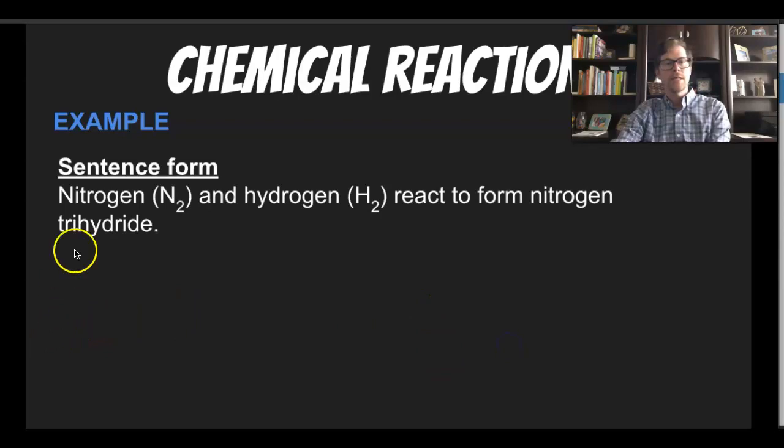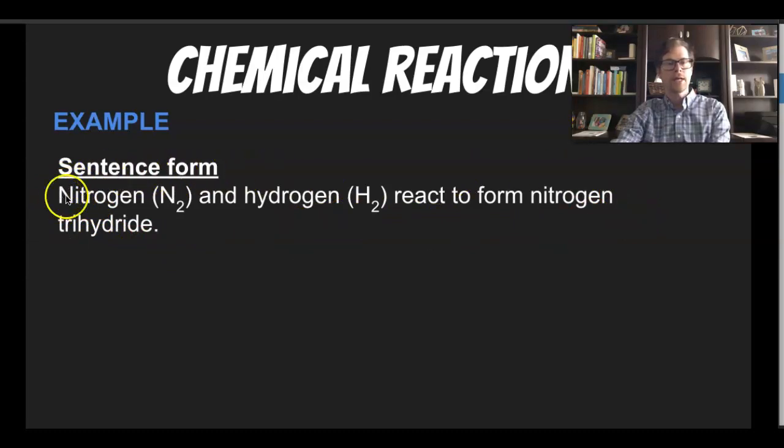If our sentence form says nitrogen and hydrogen, so just telling you that these are nitrogen gas and hydrogen gas, and they are found as N2 and H2, and they react to form nitrogen trihydride. So we want to take this and turn it into the chemical equation form.